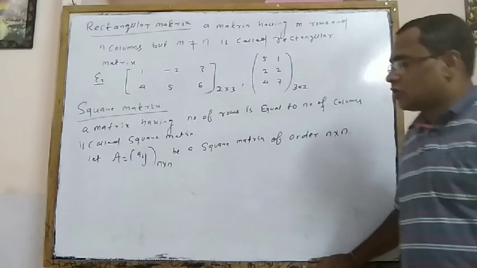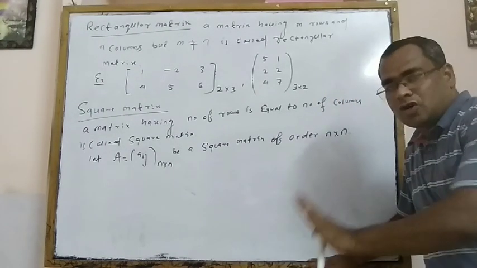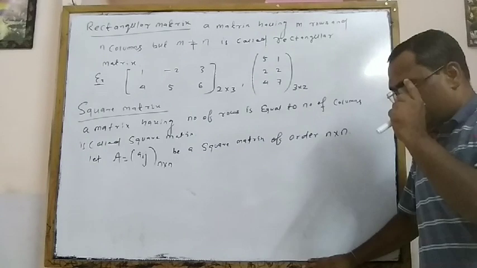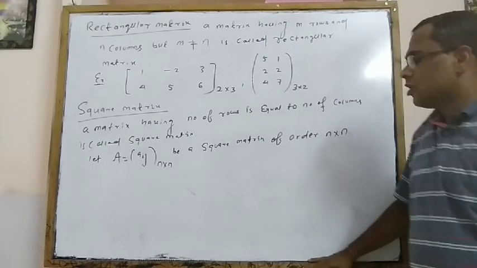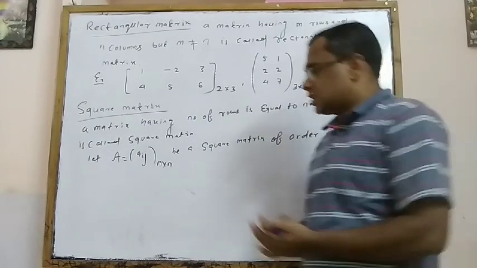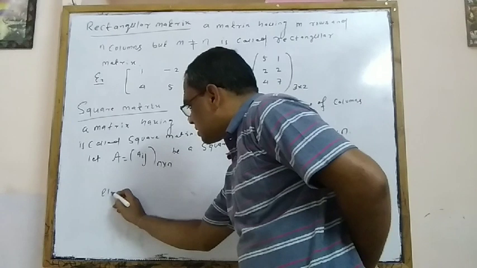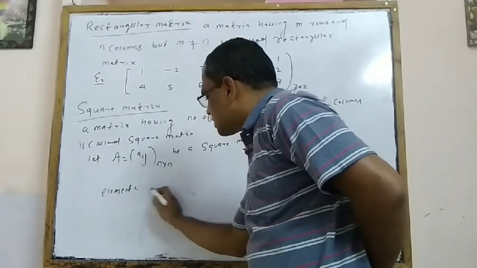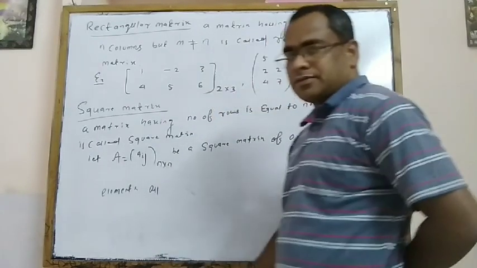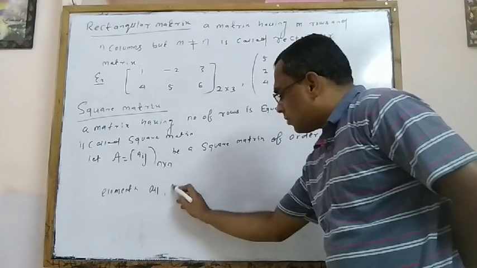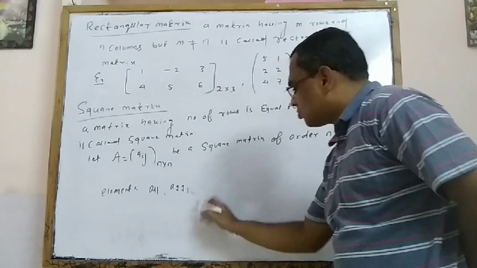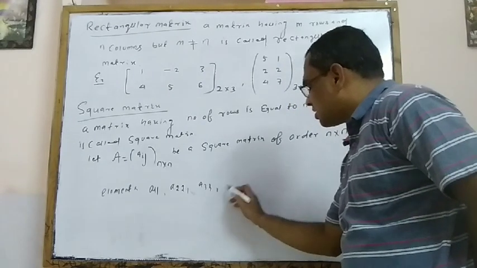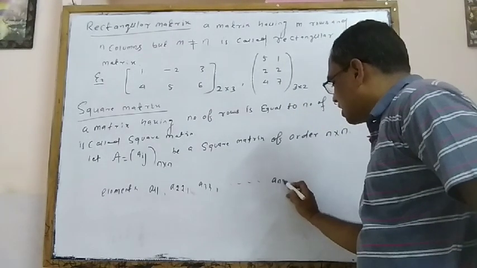Square means number of rows is equal to number of columns. In that square matrix, the elements a11, a22, a33, up to ann.